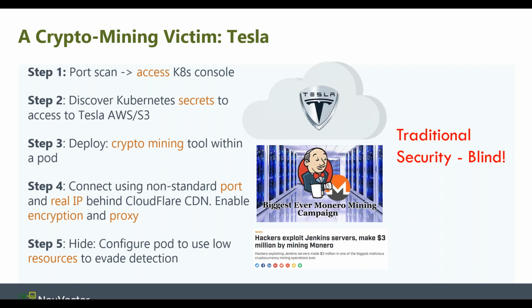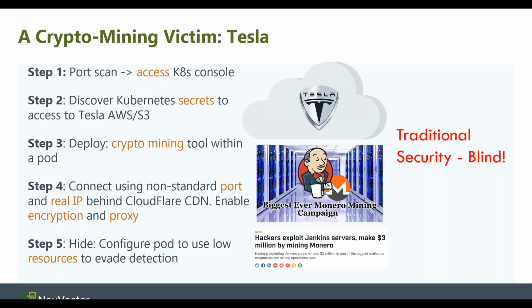And the interesting thing is this time the hacker didn't do bad things the traditional way. They actually tried to leverage the Kubernetes platform. They deployed some crypto mining containers, pods, in the environment. They tried to use Tesla's resources to do the crypto mining for them.